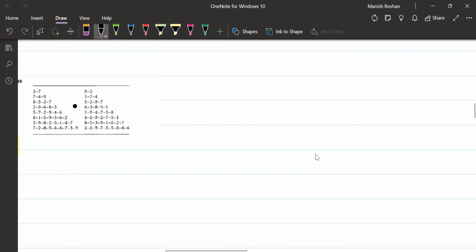So this is the test that I'm talking about, the digit forward and the digit backward test. The sequence is given in such a form.